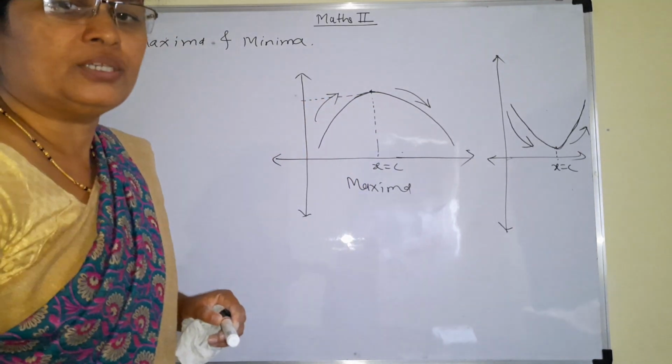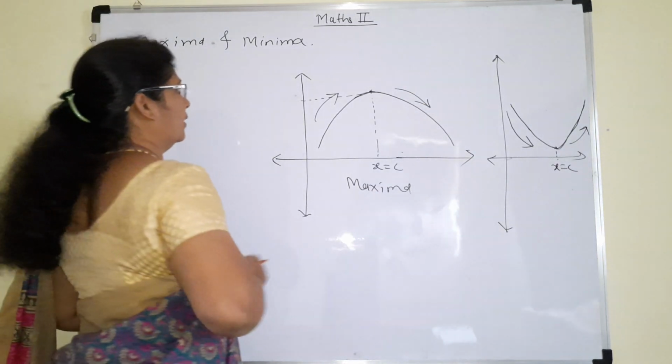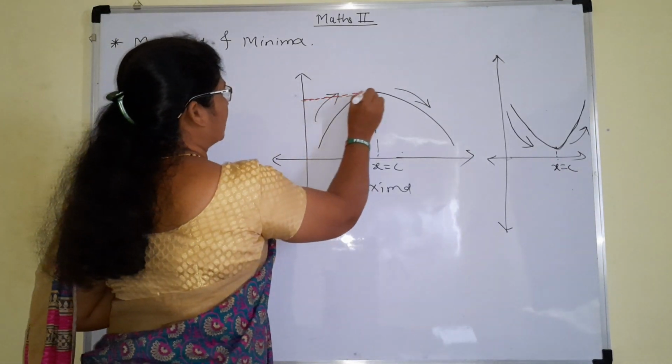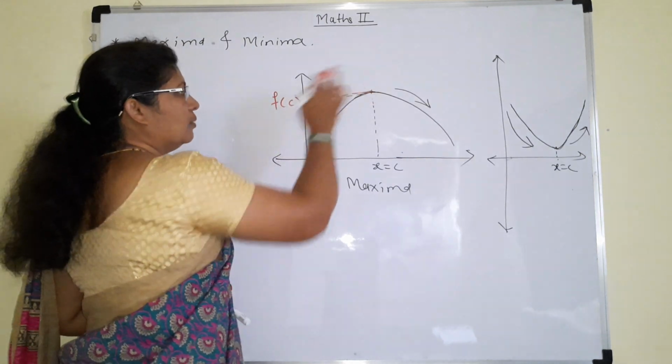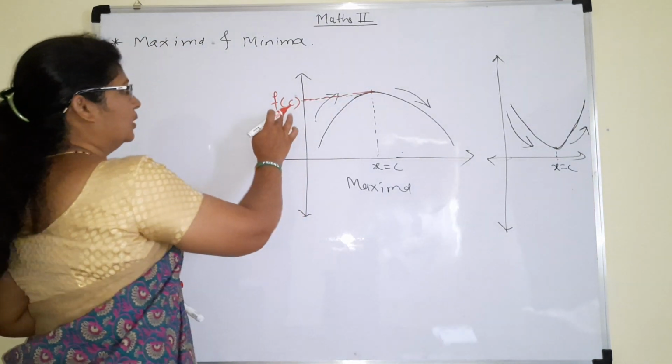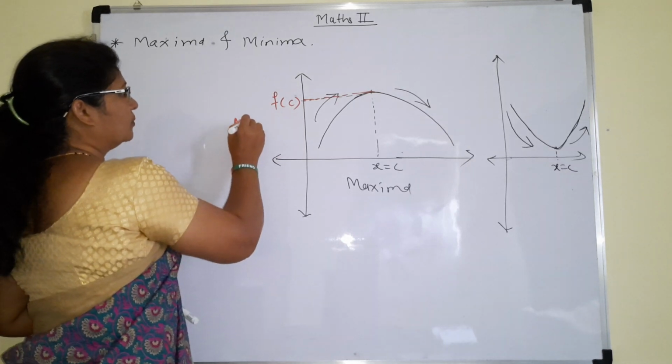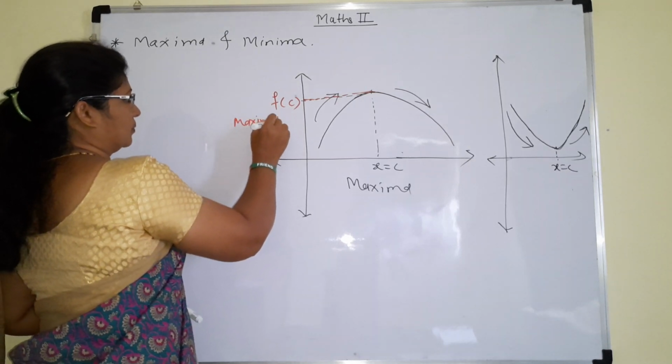At this point the value of the function, that is f of c, is nothing but the maximum value of that function.